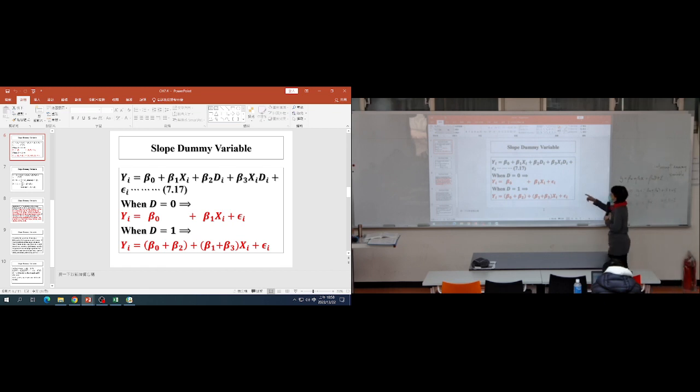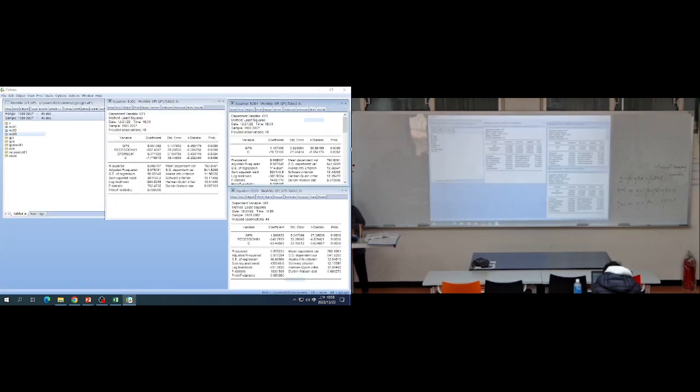Look at the result. This is a dummy variable, but the coefficients, standard error, t statistics, and probabilities, the hypothesis test is exactly the same, whether it's a dummy variable or a numerical variable.